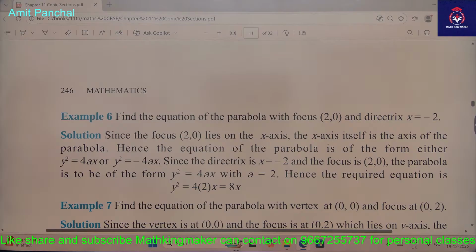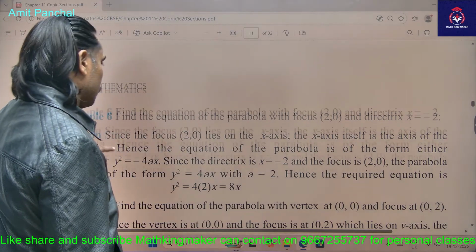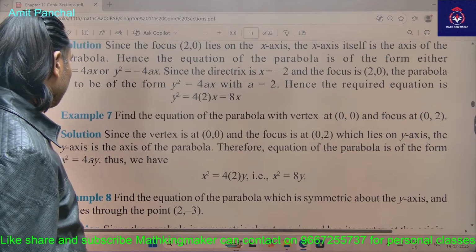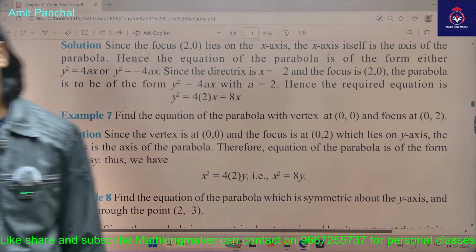So directrix is y equals minus a, so y equals minus 2 is the directrix. The equation will be x square equals to 8y. Yeah, right. Okay. Do you think they are simple questions?